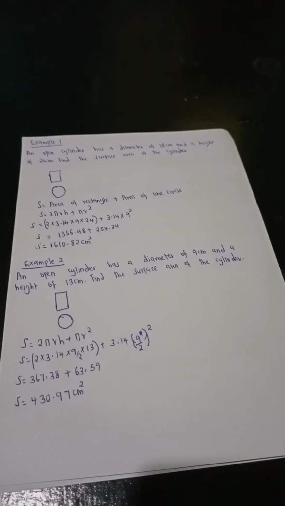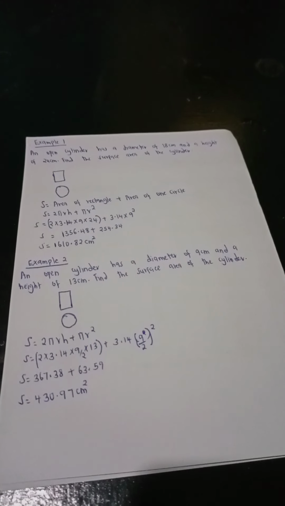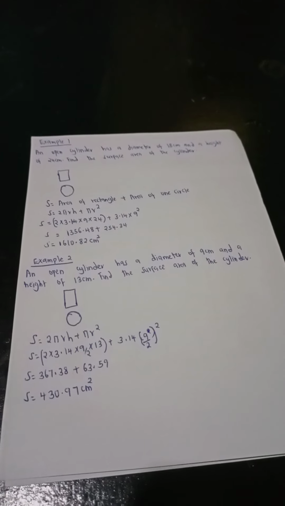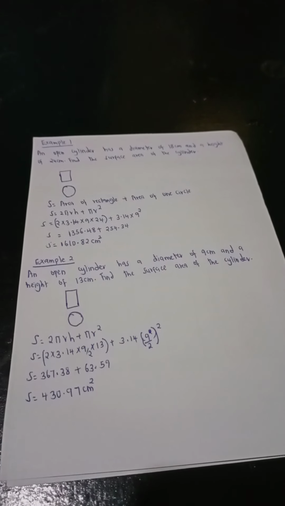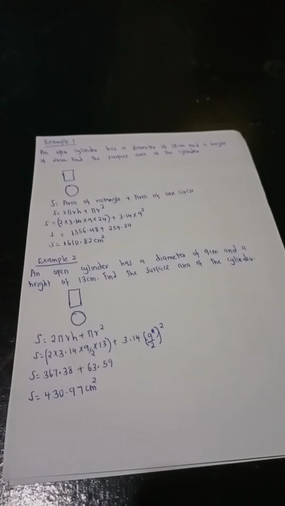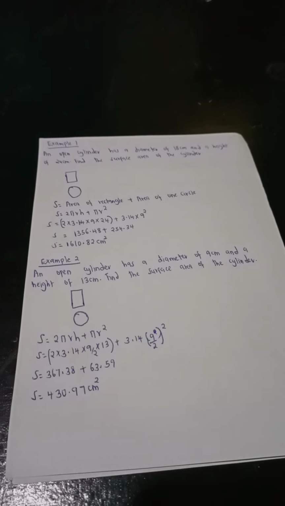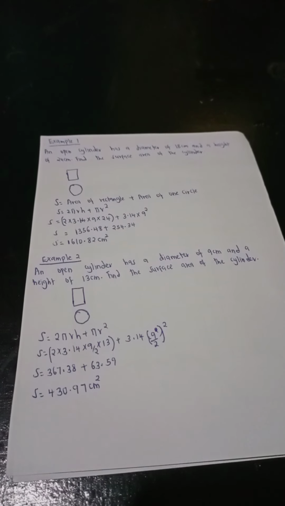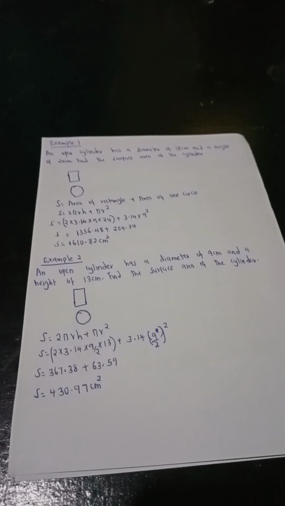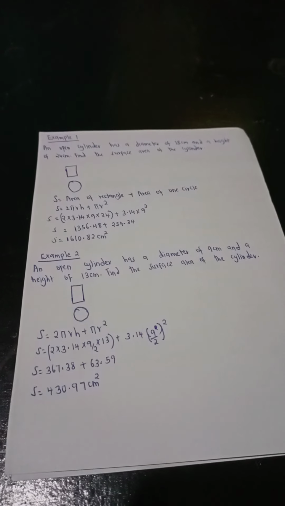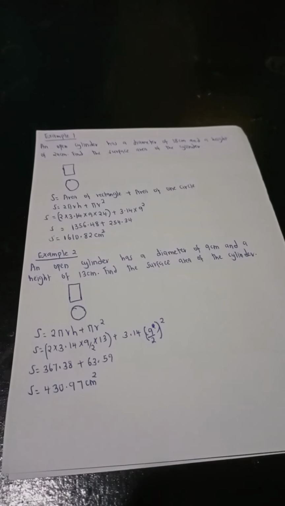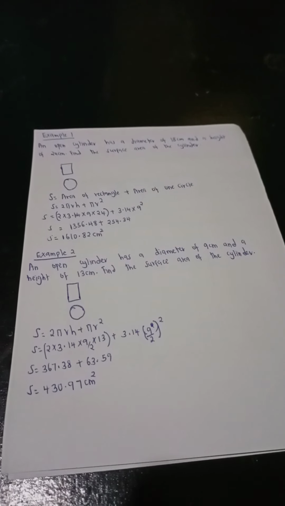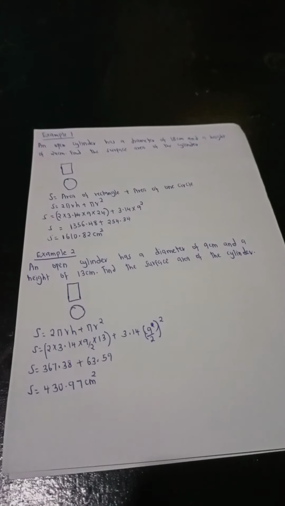And so for you to get the radius, you need to say the diameter over 2. So 2 times 3.14 times 9 over 2 times 13 plus 3.14 times 9 over 2 squared. When you calculate that together, the surface area is going to be 430.97 centimeters squared.